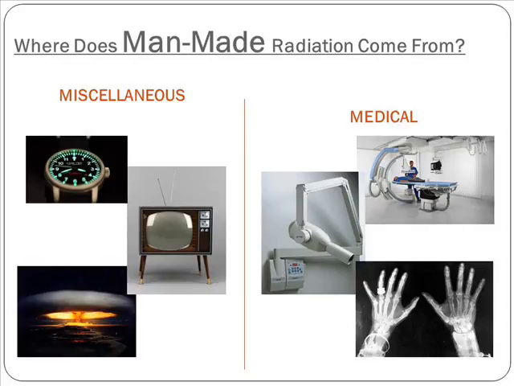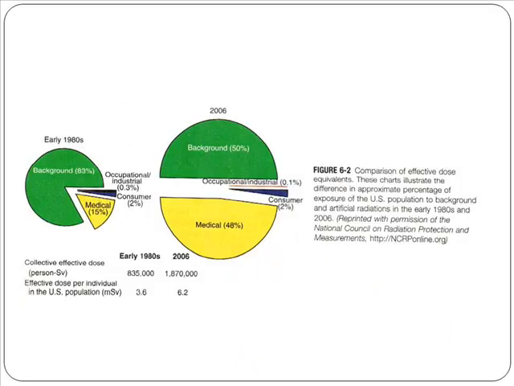Now, what percentage do we get of radiation from background and what is medical? If you look at this next figure here, and this was done in 2006, it compares the early 1980s, so 35 years ago at the time of this recording, there was very little occupational exposure to radiation.